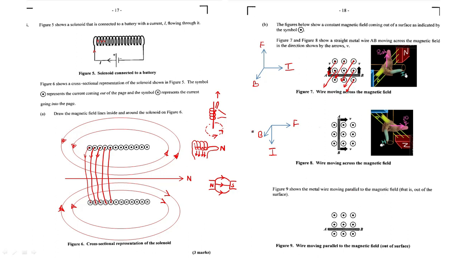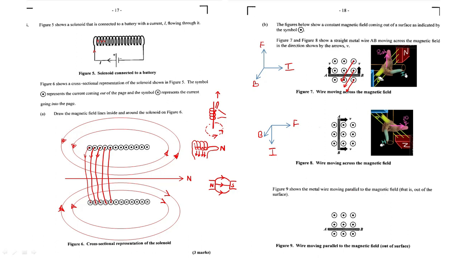If I just draw 3, that's enough. These are the magnetic field lines coming towards us. Figure 7 and figure 8 show a straight metal wire AB moving across the magnetic field in the direction shown by the arrows.